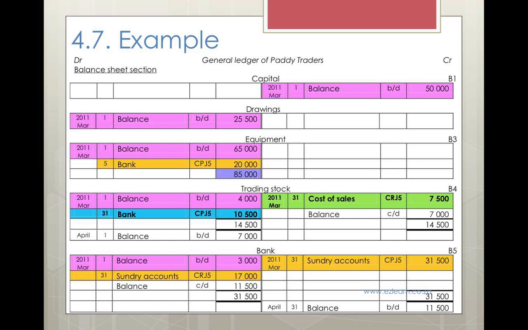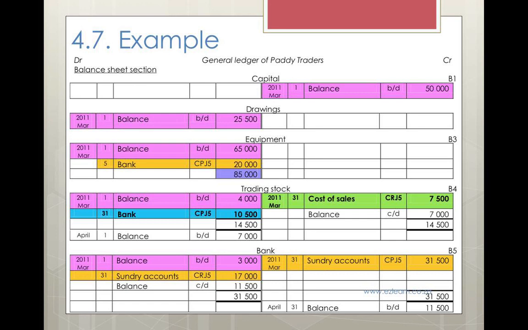Please make sure that it's on the same line and make sure that it's the total of the bigger side. Make sure that you've entered it the same amount. You will then on the credit side fill in the missing figure, which in this case is 7,000 Rand. Then take that down to the beginning of the next month on April the 1st as a balance brought down.